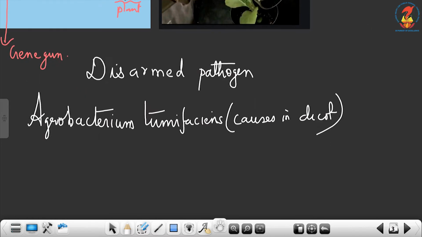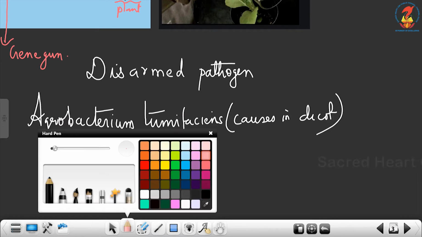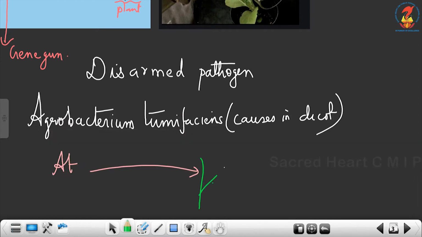Where is it manipulated? This Agrobacterium tumefaciens, when it invades the host plant, it produces a tumor inducing plasmid.